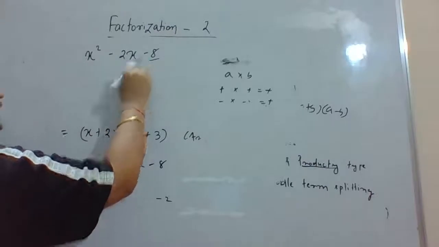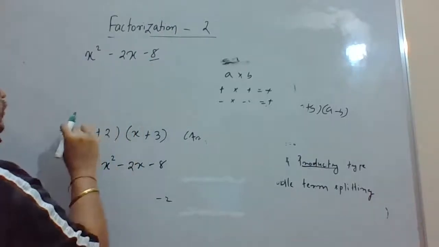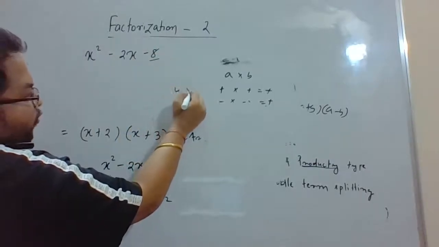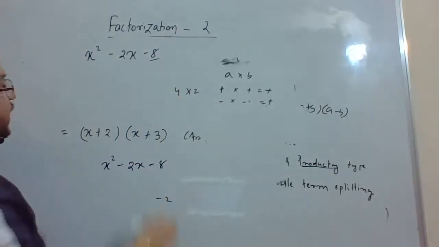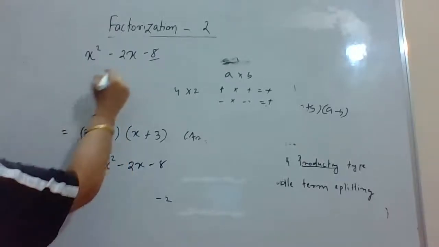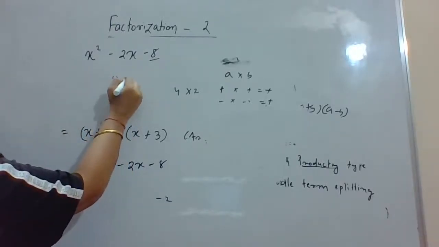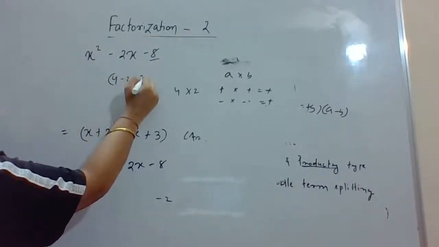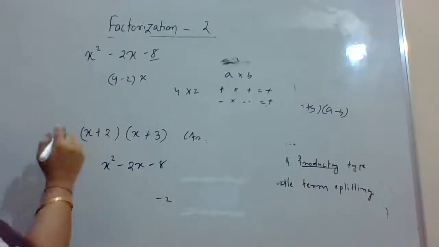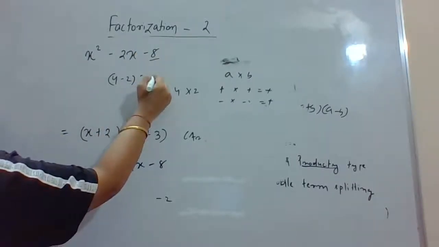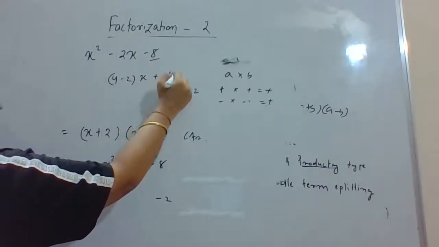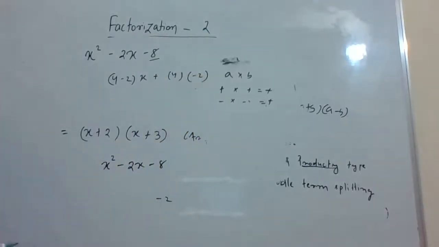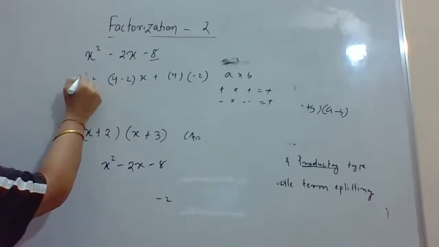Okay, so let us see what are the factors of 8 I can express it as. 8 can be expressed as 4 into 2. And if I express the middle term 2 as 4 minus 2, into x, and the last term is nothing but 4 into minus 2, the first term continues to be x squared.